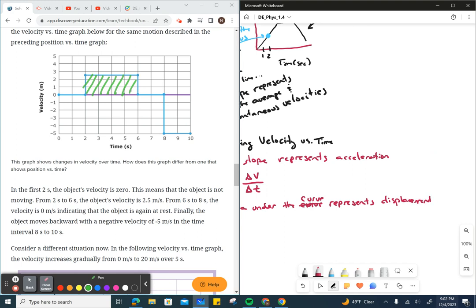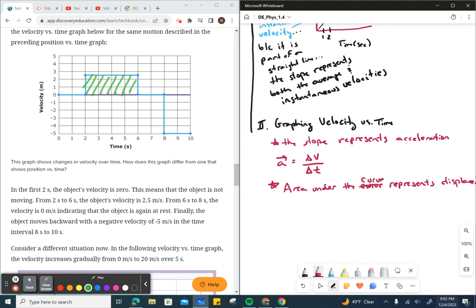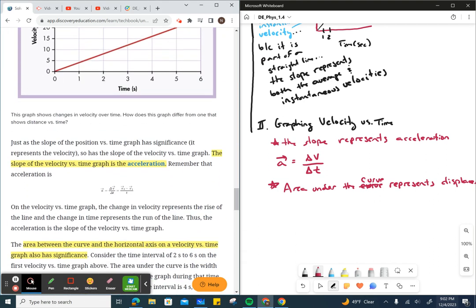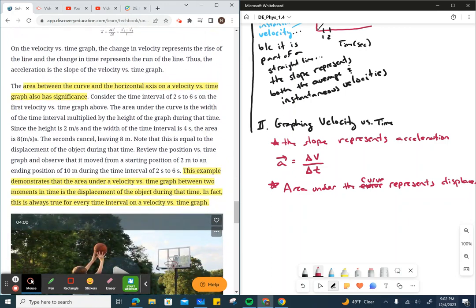Okay. A lot of concepts, huh? In fact, this is always true for every time interval on a velocity versus time graph. Okay, so that's a good rule to remember there.